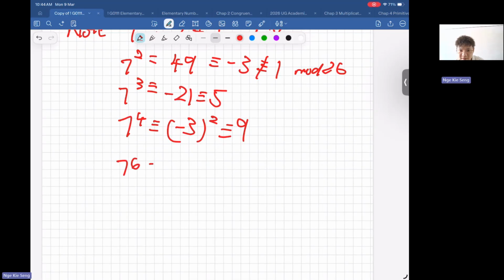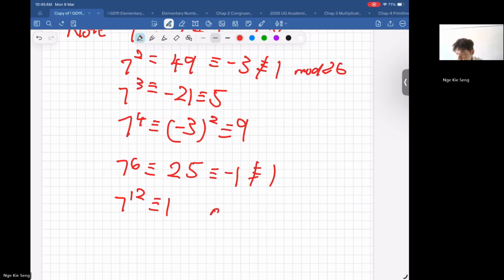And then 7 to the 6 is, what's this? Not 26, 25, which is negative 1. Then only then 7 to the 12 is 1 mod 26.